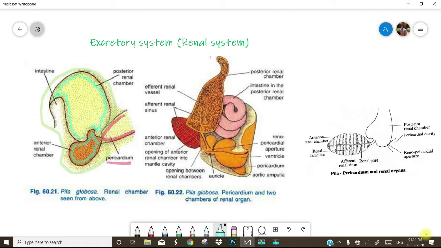So the renal organ or kidney is bilocular, that means it is two-chambered. There is an anterior renal chamber at the right side of the organism and a posterior large renal chamber in the left side of the organism.